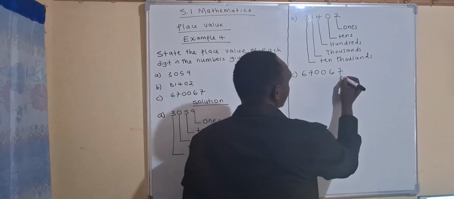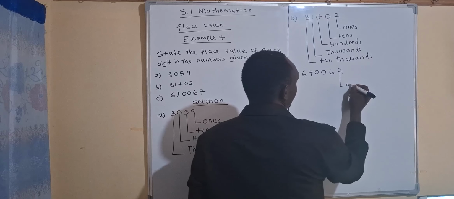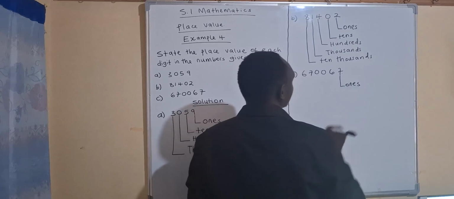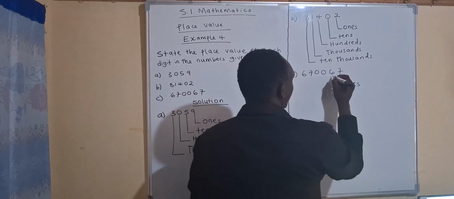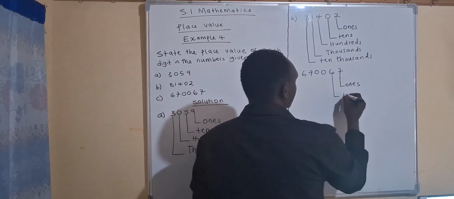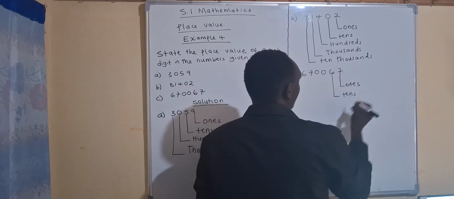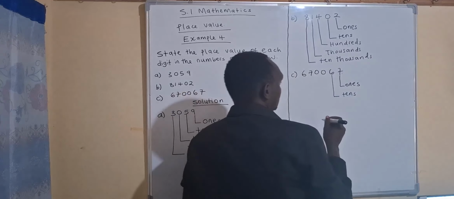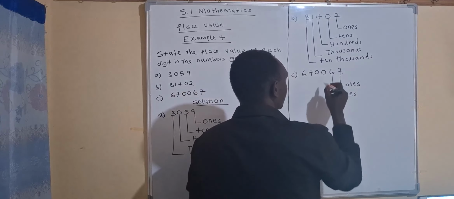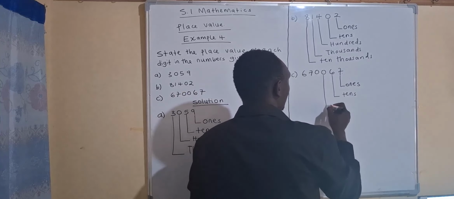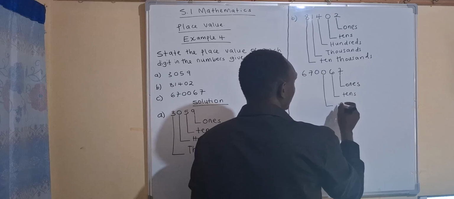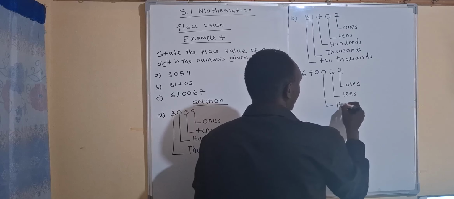We start from here. This extreme end is for ones, which tells us that there are 7 ones. This position is for tens. Thus it tells us the same thing, that in this number there are 6 tens. Then we come to 0. Zeros are in the position of hundreds.